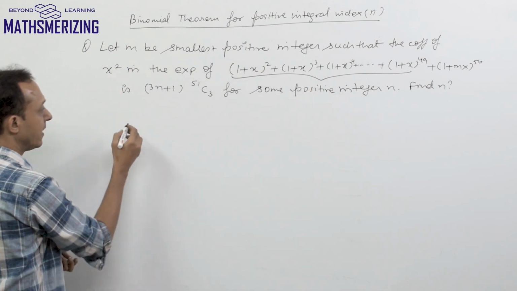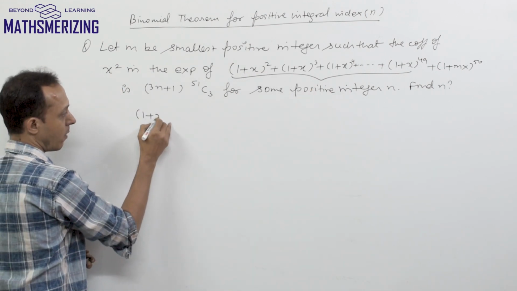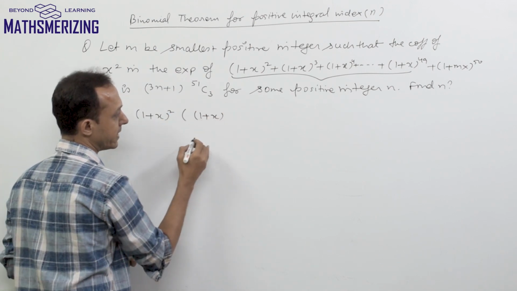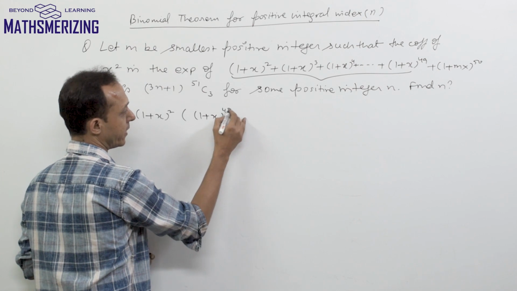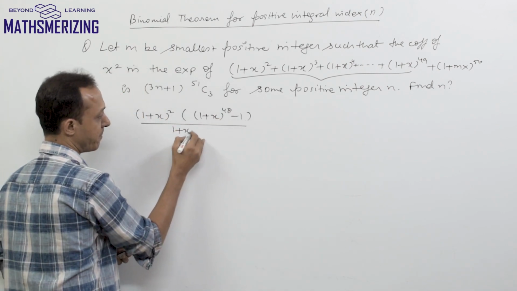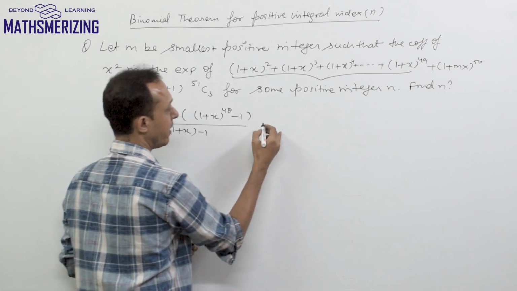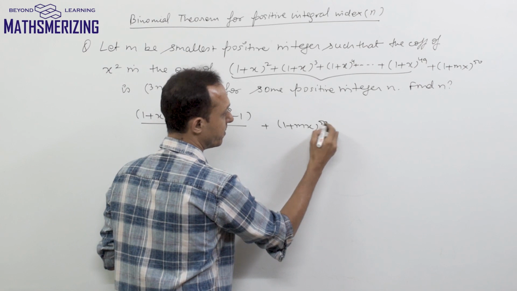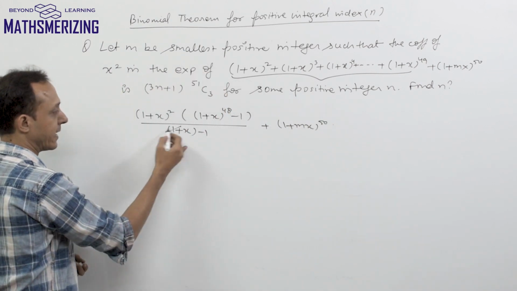So if I simplify it, I'll write (1 plus x)^2 as a, and then r, which is 1 plus x, number of terms 48, (r^48 minus 1) upon r minus 1, that is 1 plus x minus 1, and then plus (1 plus mx)^50. So here I'll cancel this one.